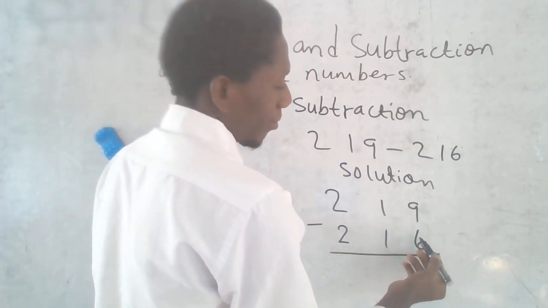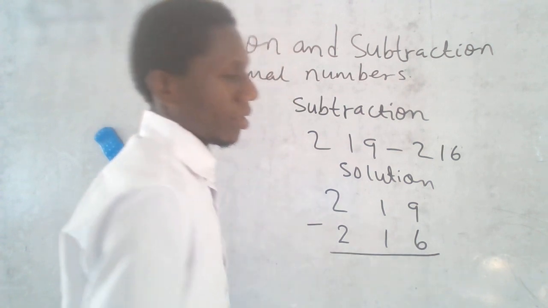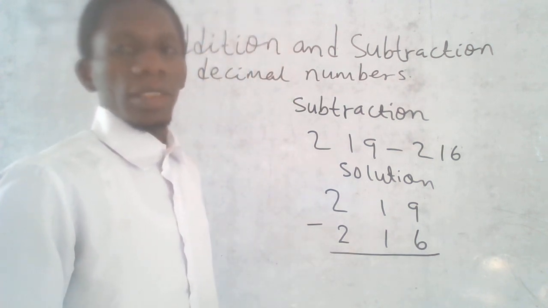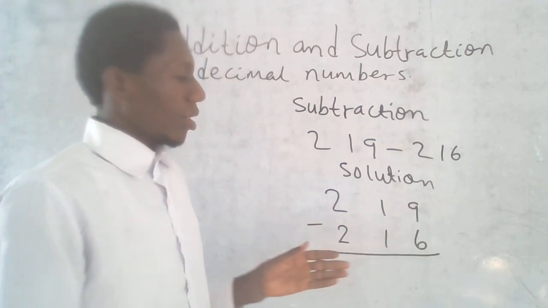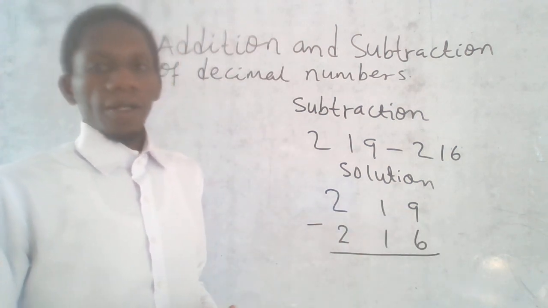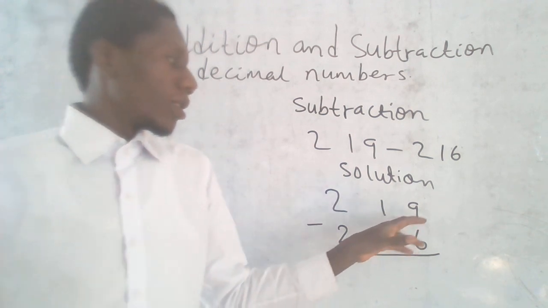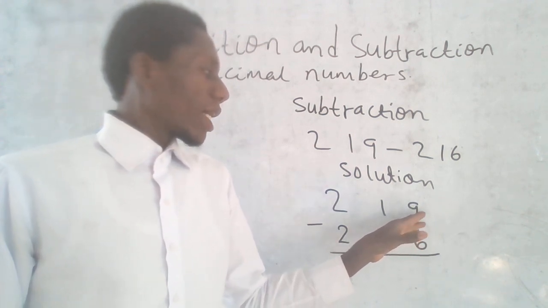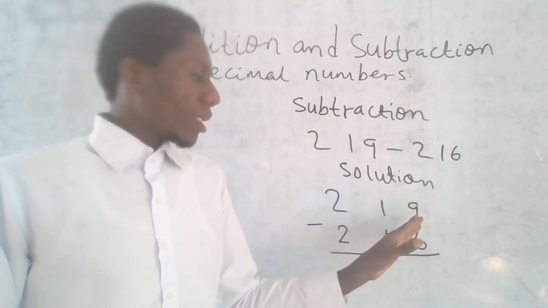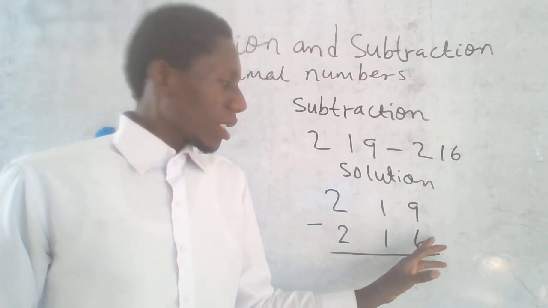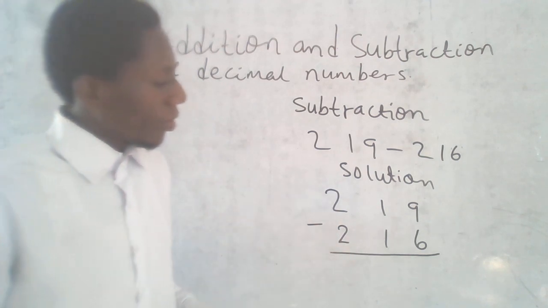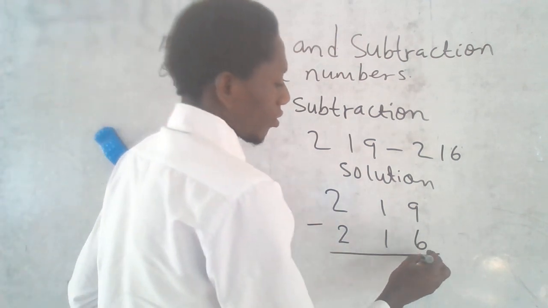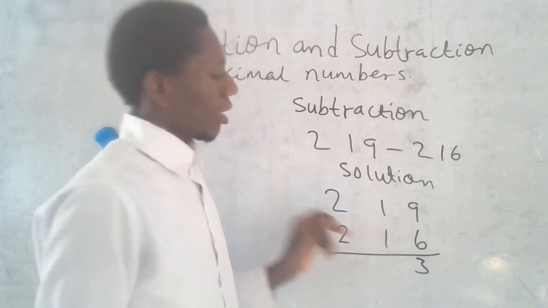So 9 minus 6. Minus means to take away or to remove, to reduce something from another. Let's say you have 9 objects and you have to reduce 6 objects out of the 9 objects. Then you're going to have 3 objects left.